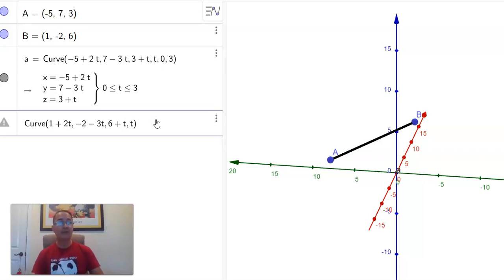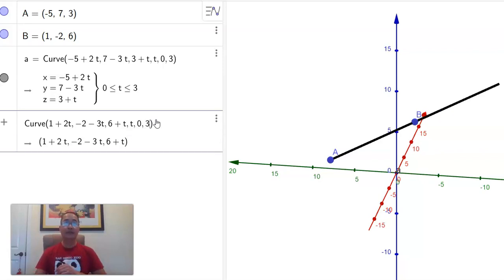And what about our parameters? This time we want to start at B and we want to finish at A. So will it still work if we go from 0 to 3? Let's check.